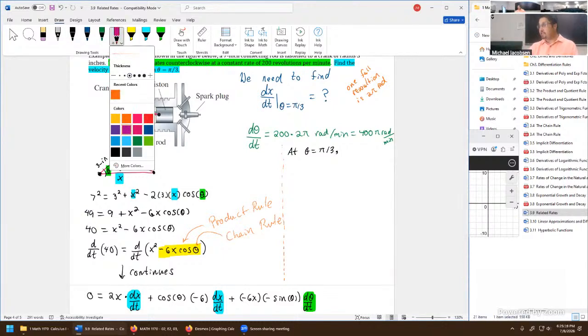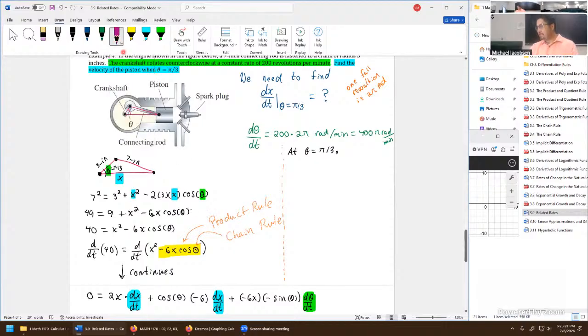We're going to do an evaluation at theta equals pi over 3. You know what? I should probably use the one down below. We simplified it, so let's put that work to good use. At that equation, after we simplified, when theta is pi over 3, here's what happens.